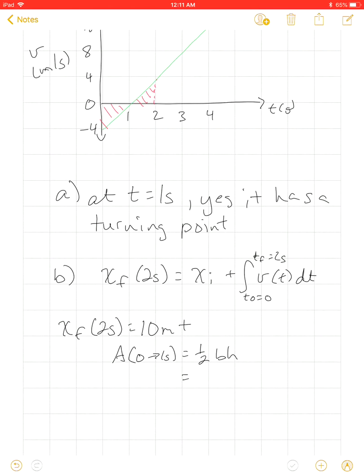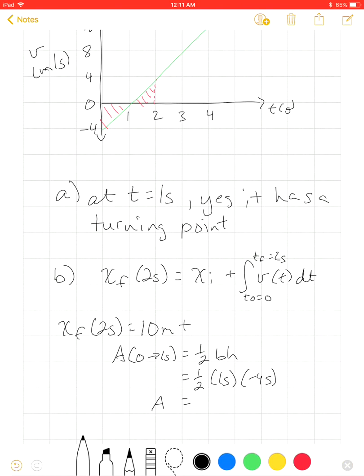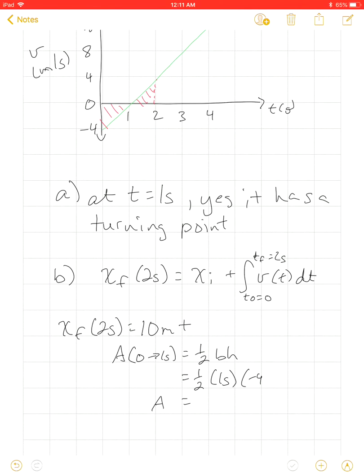The base in this case is 1 second, and the height is minus 4 meters per second, oops, sorry, that second one should have been meters per second, not seconds. That means our area that's being given is equal to the distance it would have traveled in a certain amount of time. And so that's going to be equal to minus 2 meters.